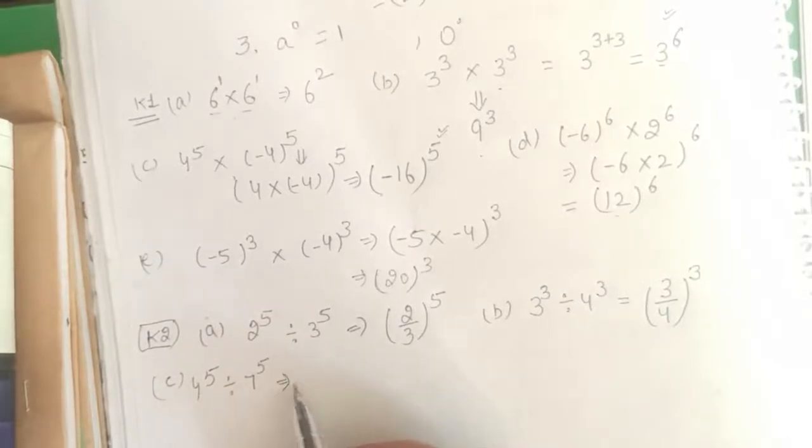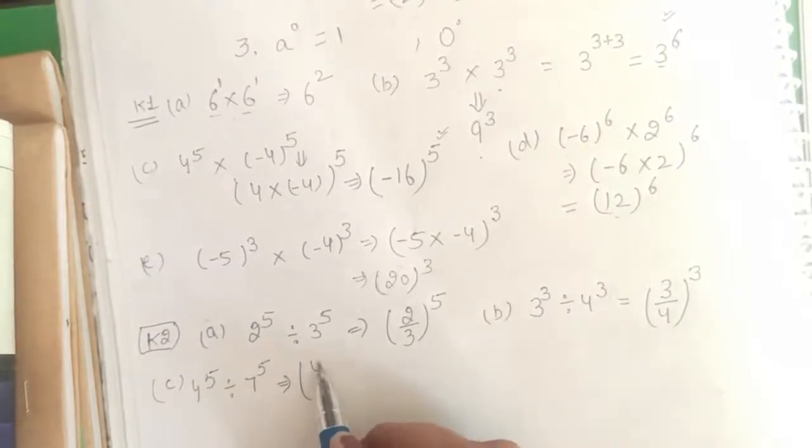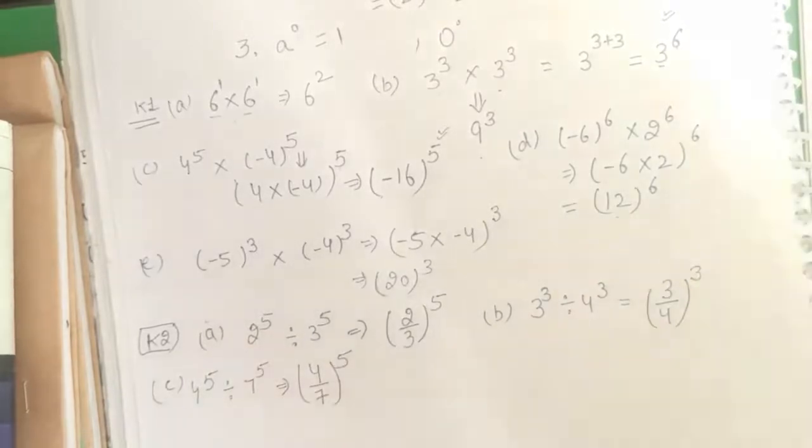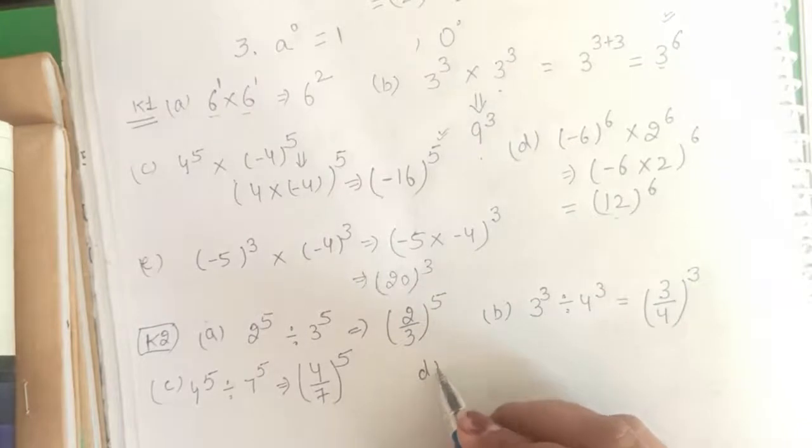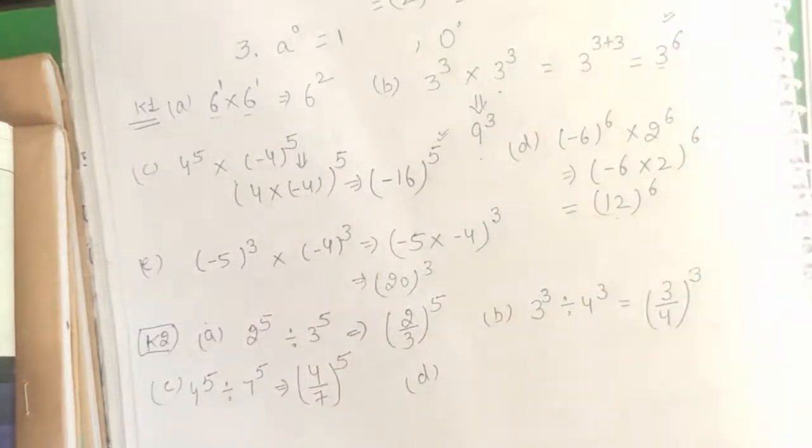So same we will apply. 4 divided by 7 and power will remain the same, that is 5. Clear students?